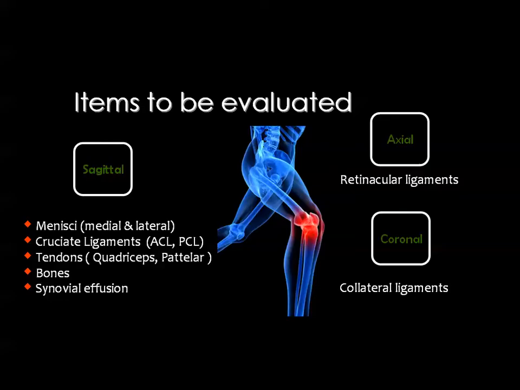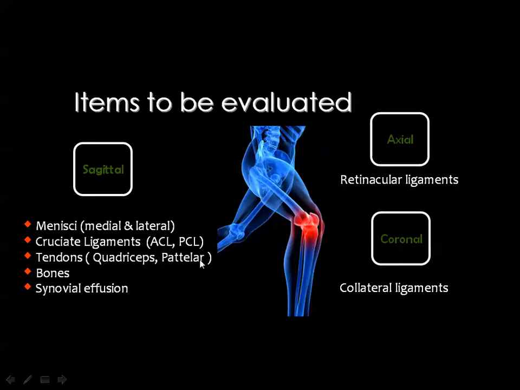And the plan for evaluation of the knee joint is to know the anatomic structures in the knee and where they are better seen in the images and what is the normal appearance of each of these structures. Then we will also mention the different pathologic entities in each particular anatomic area.